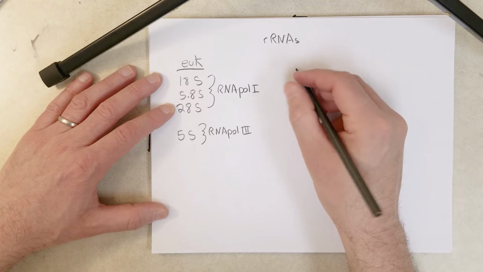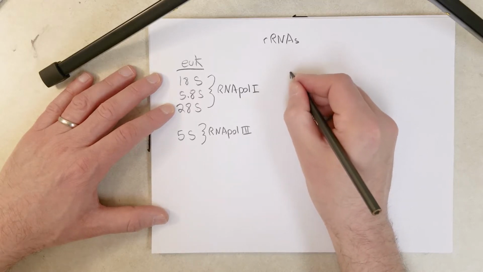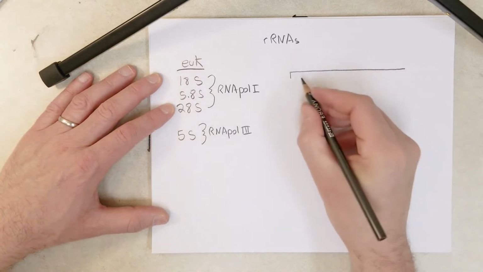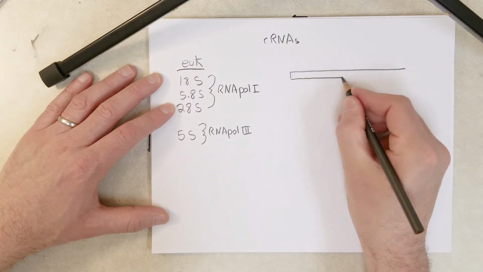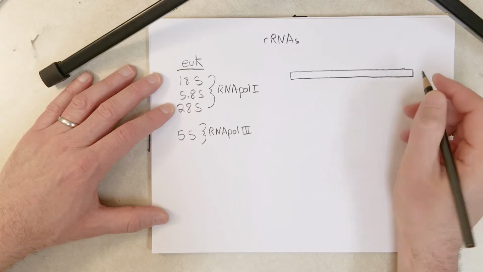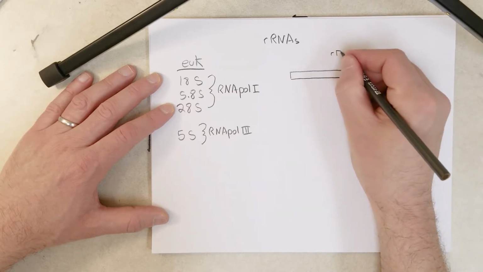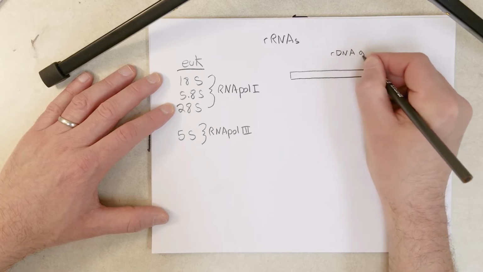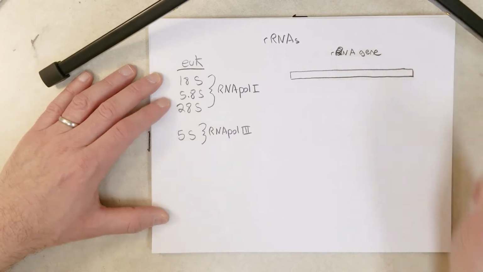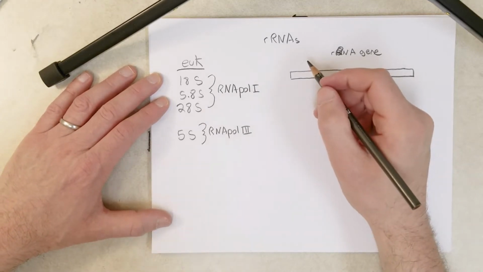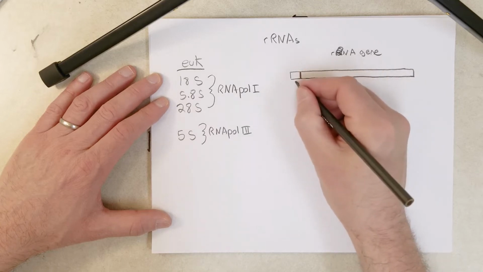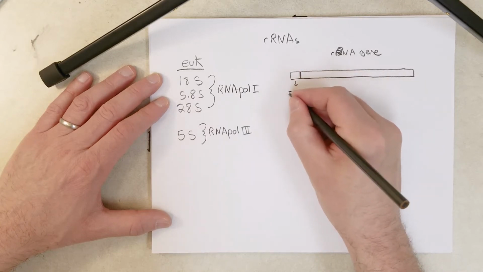Let me diagram what this gene looks like. Let's say this is one rDNA or rRNA gene. This part right here is going to be called the ETS.